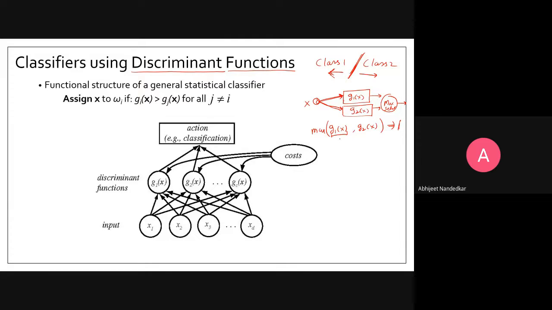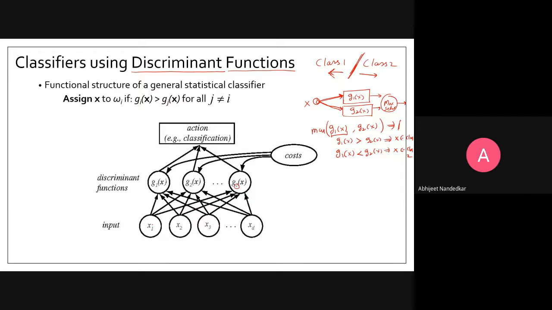So if g1x is greater than g2x, you will say that my input x belongs to class 1. If g1x is less than g2x, then you will say that x belongs to class 2. I can extend this concept for c number of classes, or many classes.